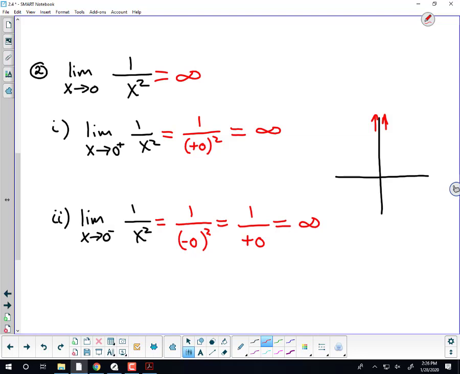So based off of that work, we've got this diagram, and we know that x equals 0 is a vertical asymptote. We'll just write that there to get used to looking at it. I'll just abbreviate vertical asymptote.